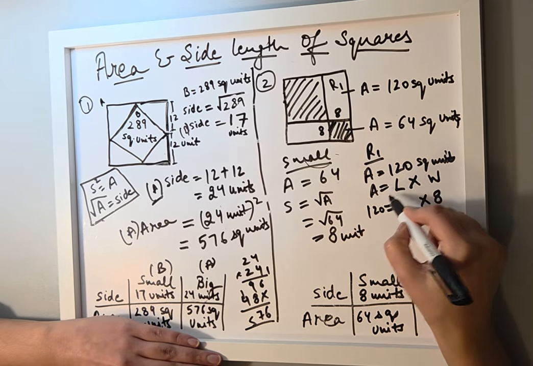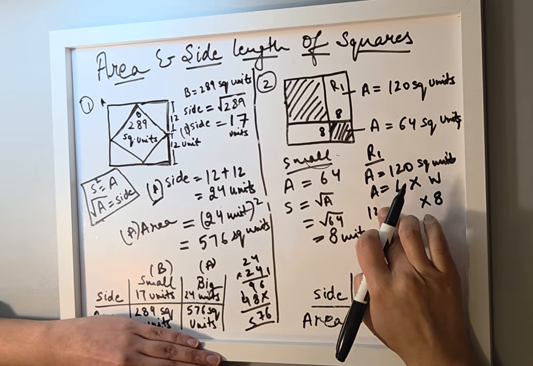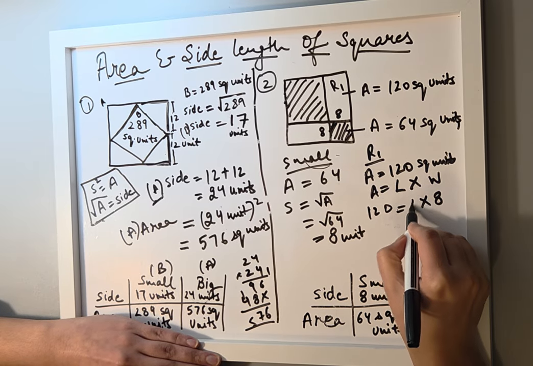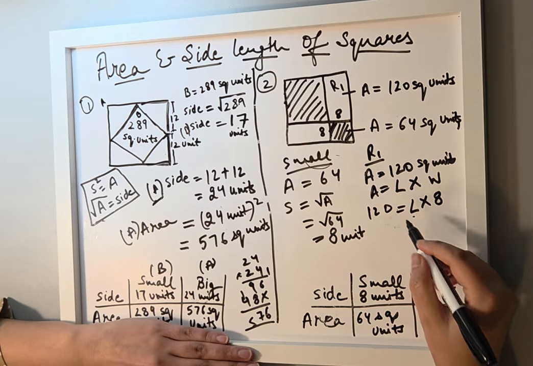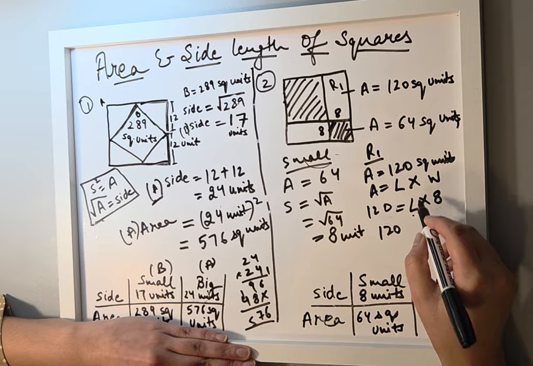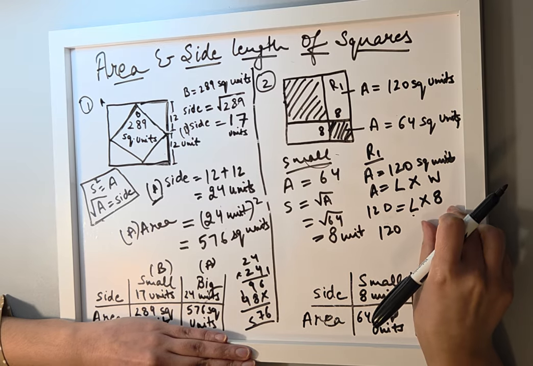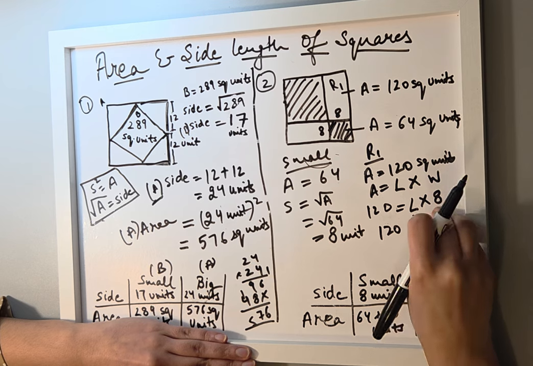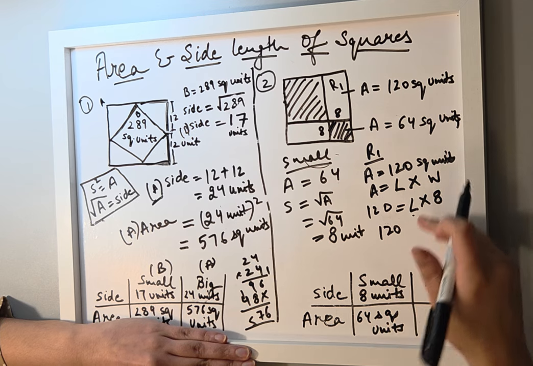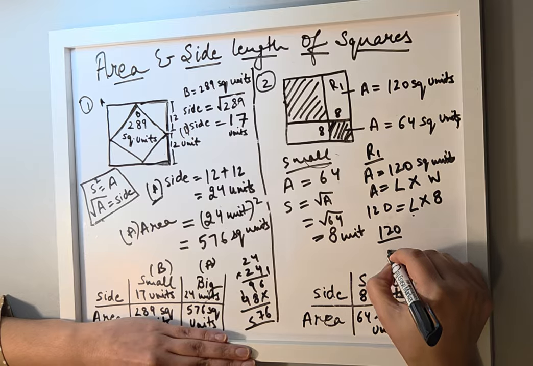So area is length into width. We know area is 120 and we don't know the length. Whenever there is multiplication on one side of the equation, and the number goes to the other side, it becomes the opposite. So multiplication becomes division.